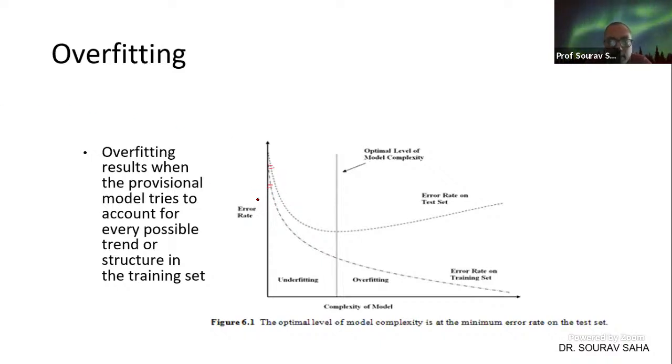In this section, it is an underfitting zone, where the error is consistently high on both the parts, right?